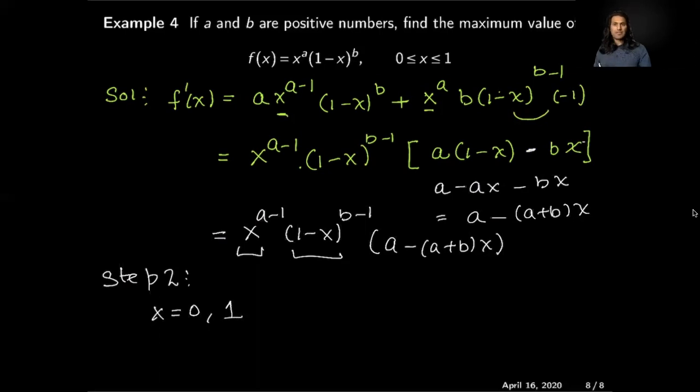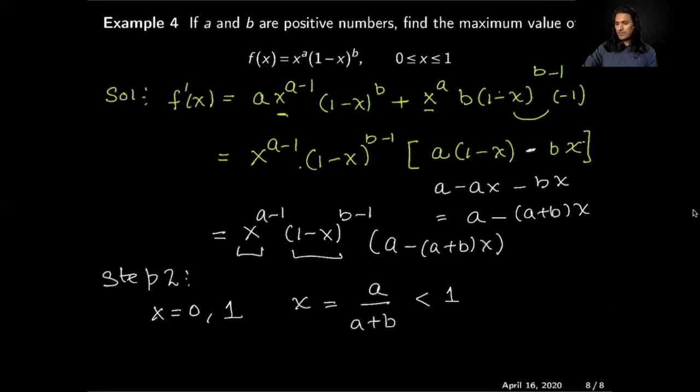Even if the power is not positive, it's negative, then you will bring that thing into the denominator, and when you put the denominator equal to 0, you will still get these critical values x is equal to 0 and 1. If I set this thing equal to 0, I will get x is equal to a over a plus b. Since a and b are both positive, this number will be less than 1.